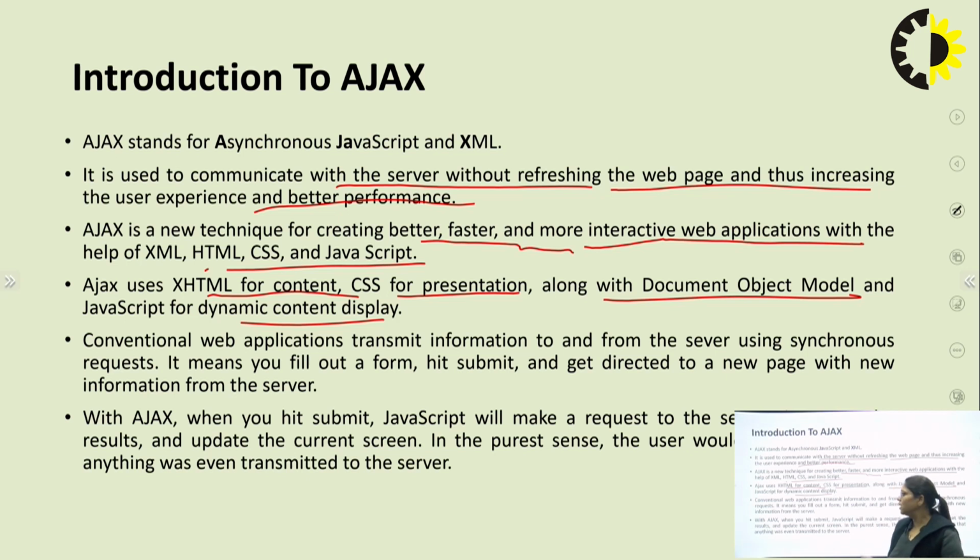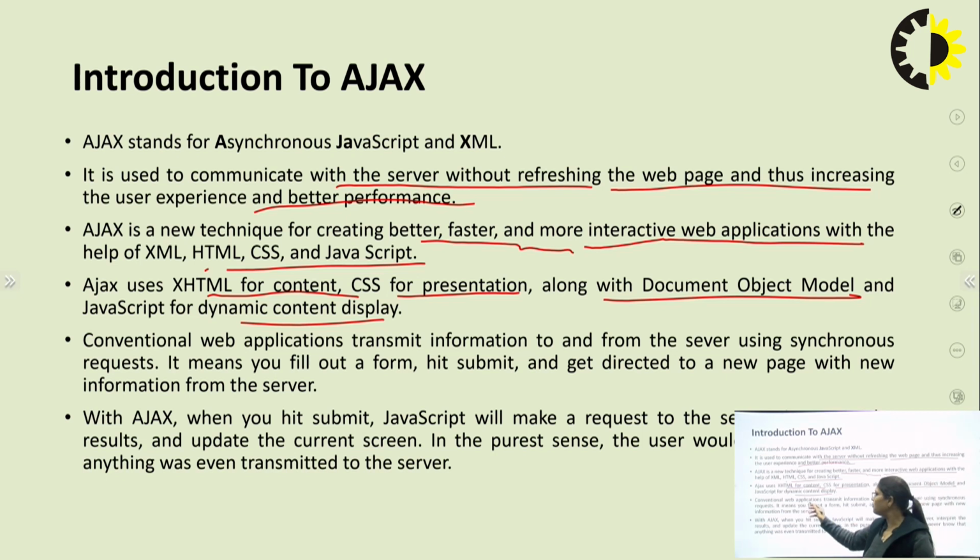If we compare it with conventional web applications, we have seen that in a conventional web application, when we give a request to the server, the whole web page is refreshed. With the help of this Ajax technology, we can remove this problem.